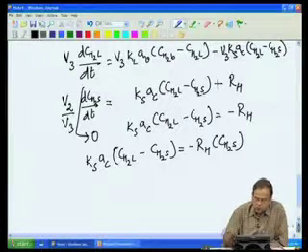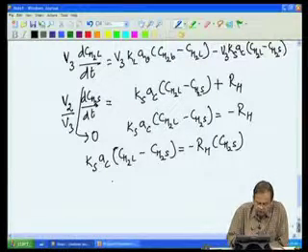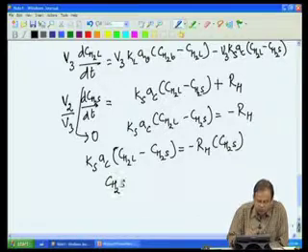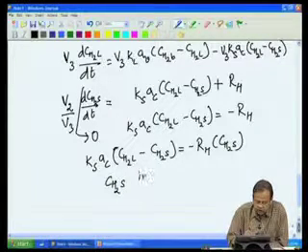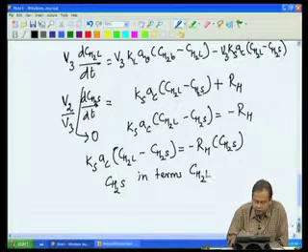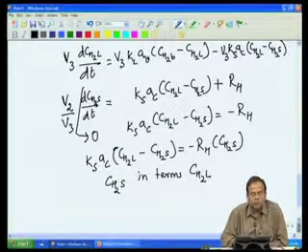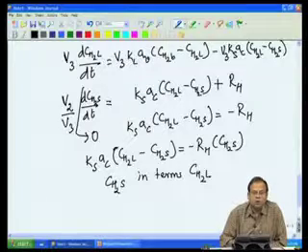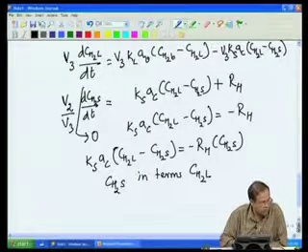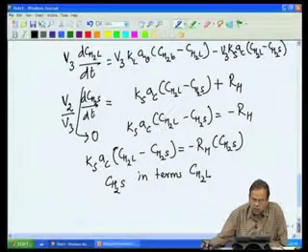In other words, we know the concentration of hydrogen on the surface in terms of the concentration of hydrogen in the bulk liquid, but we do not know the concentration of hydrogen in the bulk liquid.